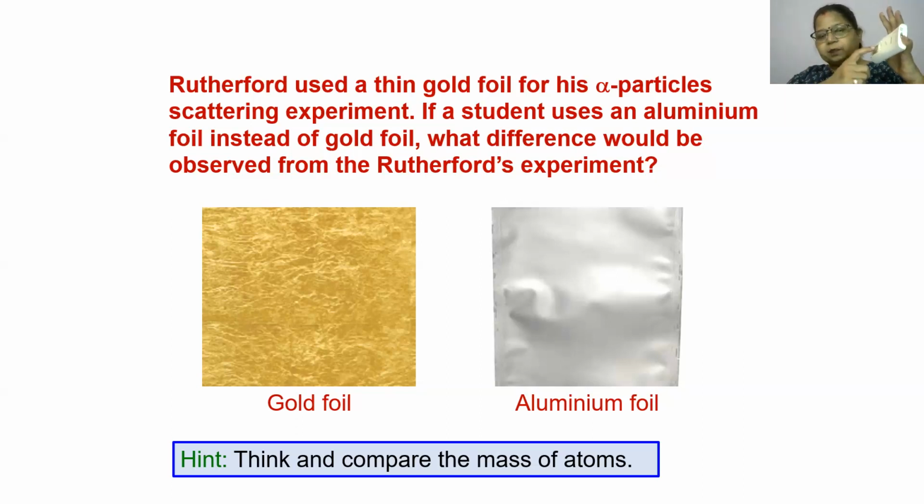If you hit it with something, what will happen? It will remain as it is. But if I take a thinner sheet, yeah. I cannot understand what you people are saying.